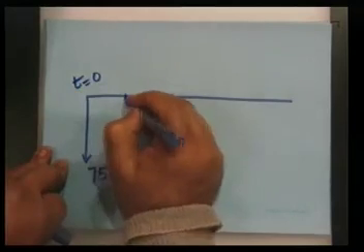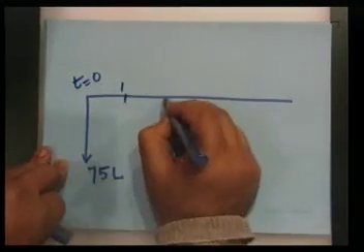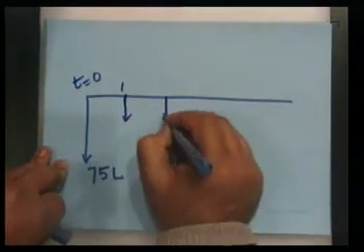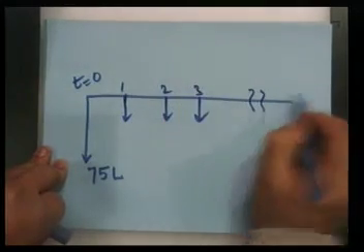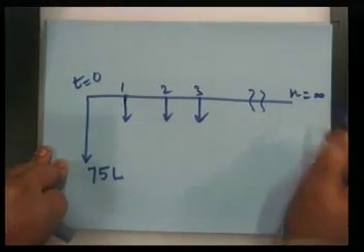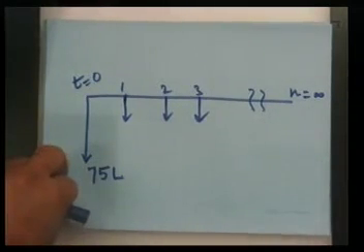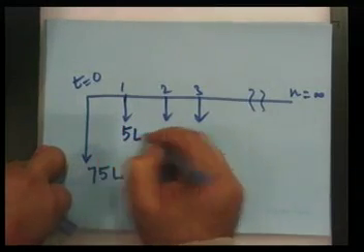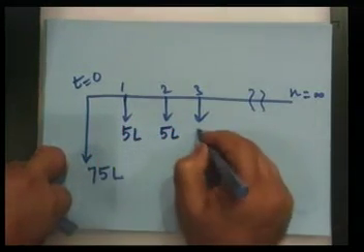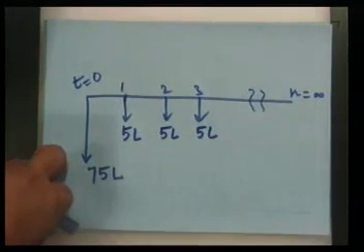Now, every year, year 1, year 2, year 3, this continues forever, n is equal to infinity. How much is the amount? Now, I have a reduced maintenance cost: 5L, 5L, 5L and so on.